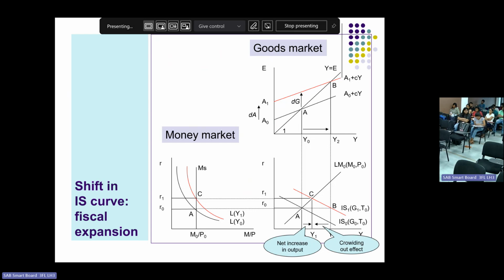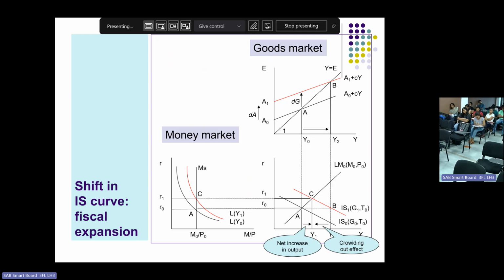So now in the IS-LM diagram, we can identify these crowding out effects. You look at the real and monetary sector interaction. Due to the monetary sector's money market adjustment, explained by the change in interest rate, you can identify this crowding out.